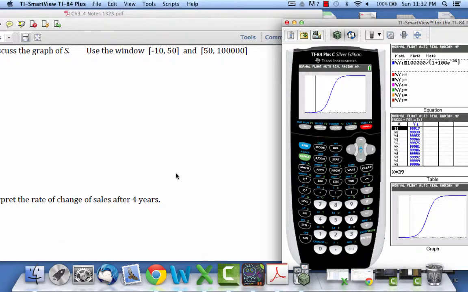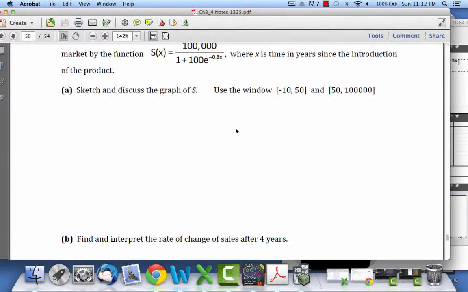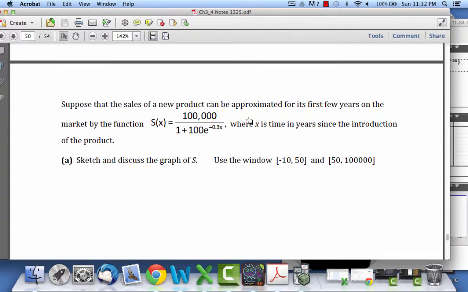So we want to find and interpret the rate of change after 4 years. So I'm going to take this. Now there are two things you could do. You could write this as 100,000 times and then write the denominator to the negative 1. Or we can treat it like a quotient.